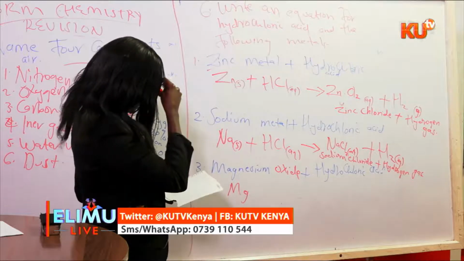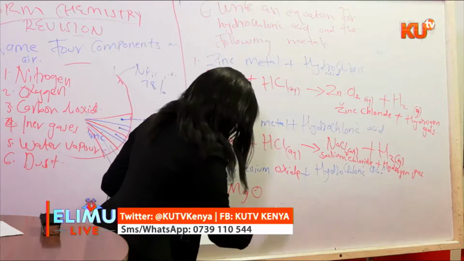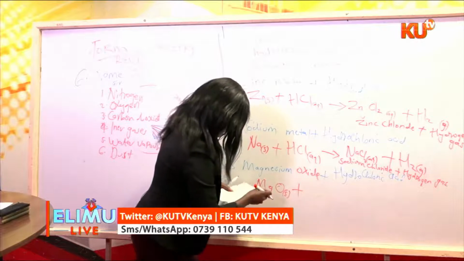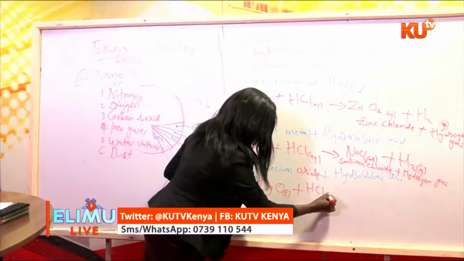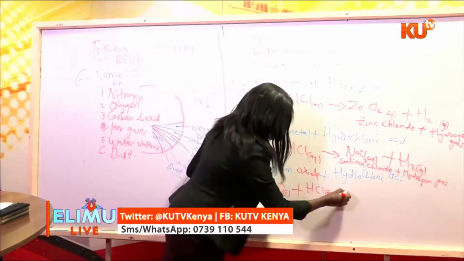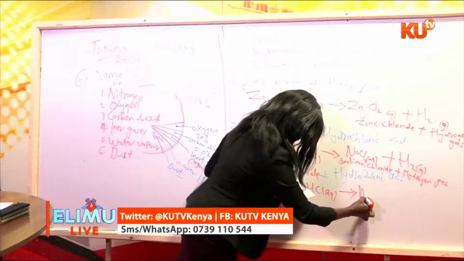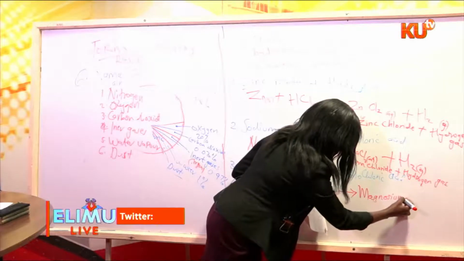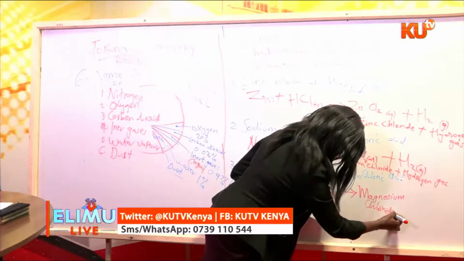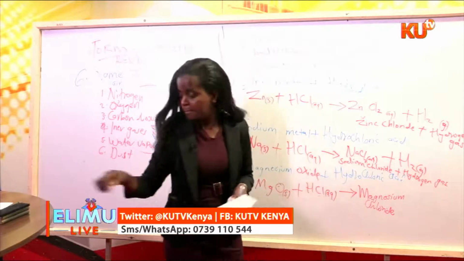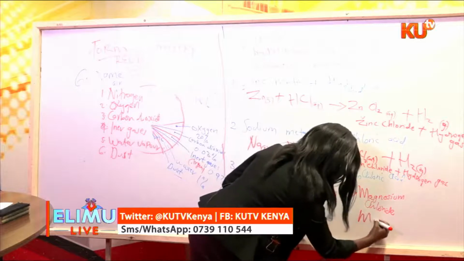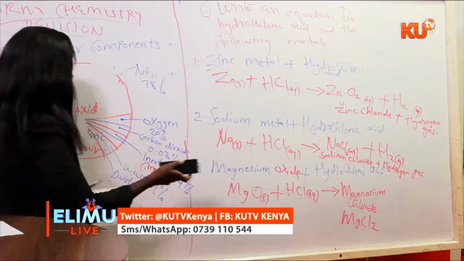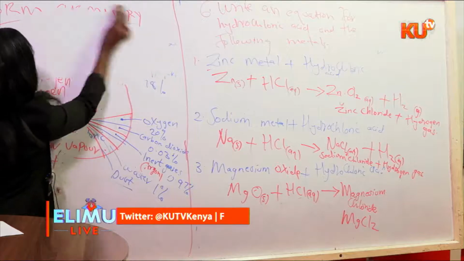Now in this we are going to get magnesium oxide plus HCl, which is an aqueous solution, to form magnesium chloride, written as MgCl2, and maybe I can write it here.